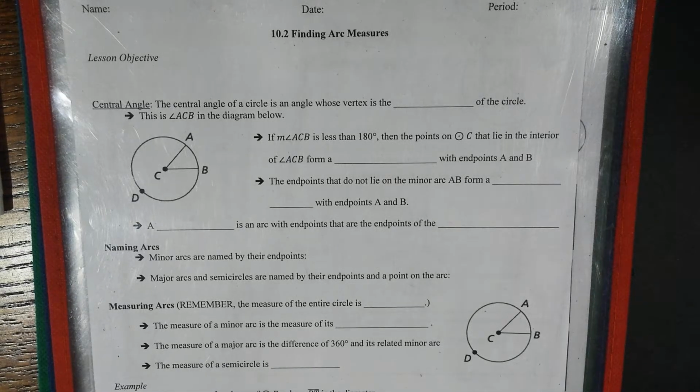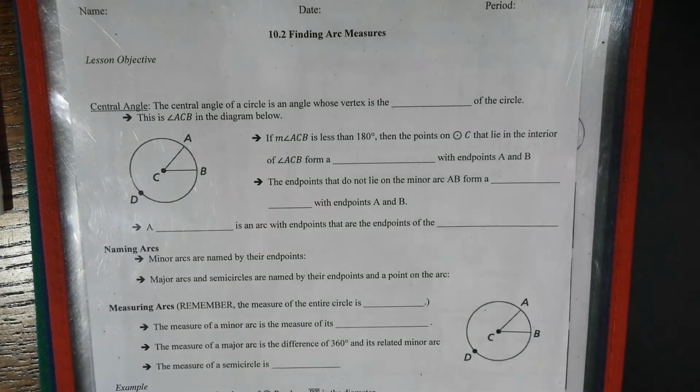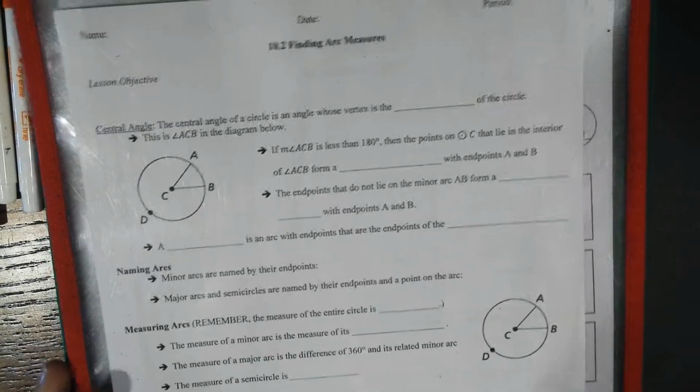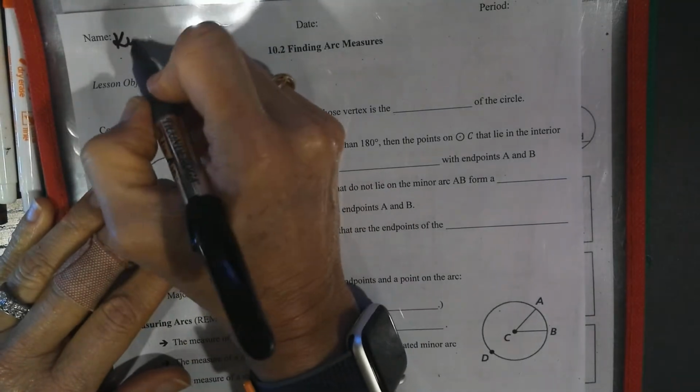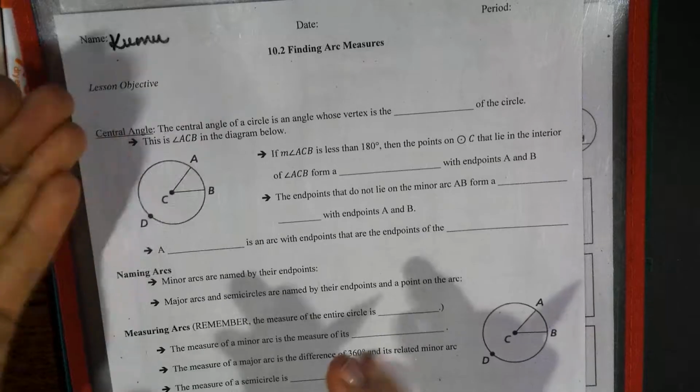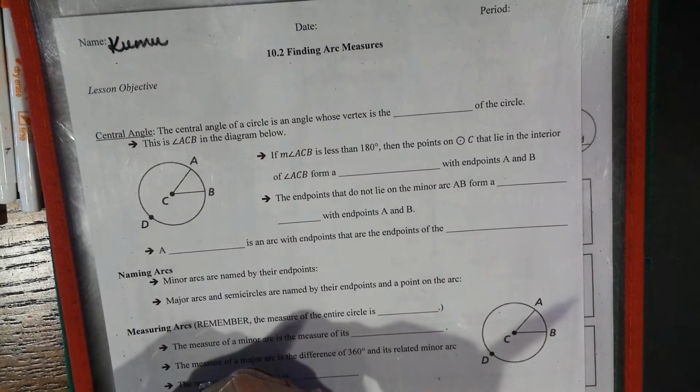Definitely let me know. We're going to start right now with finding arc measures. So our lesson objective, of course, as you all know, we're going to start there. In about 15-20 minutes, I'm going to ask you, do you feel like you can do this?